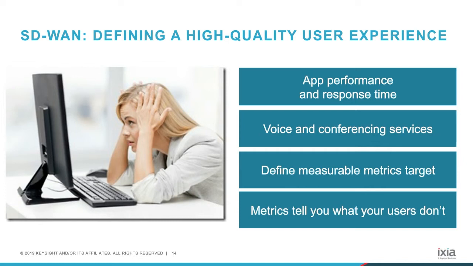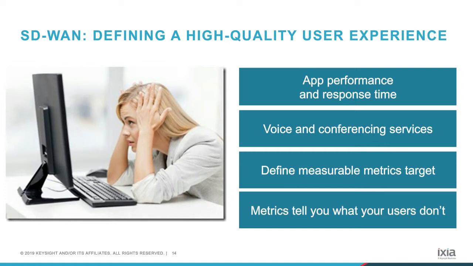So one of the key things when you transition to SD-WAN, like any big network transformation, is that you want to maintain and possibly improve your end user experience. And to do that, what we really help with is defining key metrics that will allow you to have some objective measurement of this quality of experience.